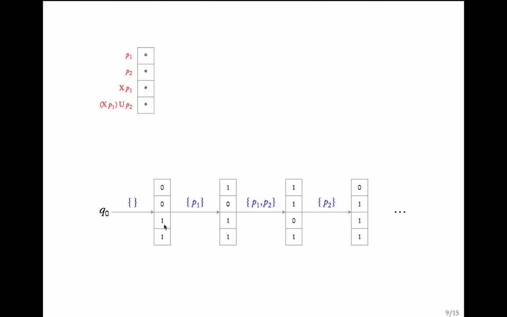For example, if here you have guessed that XP1 is 1, then from this state the outgoing transitions will have to contain P1. Here if you have guessed that XP1 is 0, then the outgoing transitions should not contain P1. So this is the idea of construction for XP1 until P2.